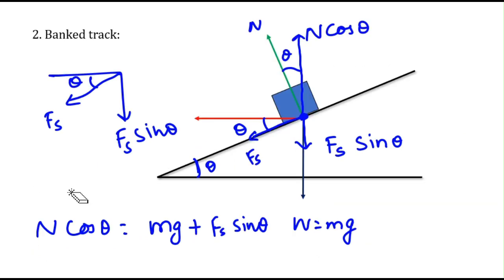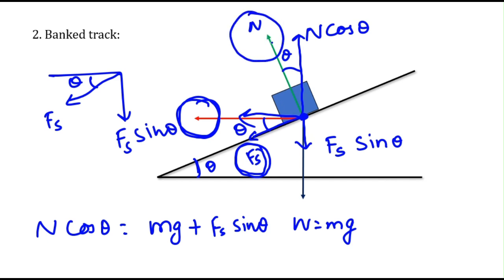Referring to this diagram, look at what is happening here. For the centripetal force, one component from static friction is contributing, and of course the horizontal component of the normal reaction is also contributing.